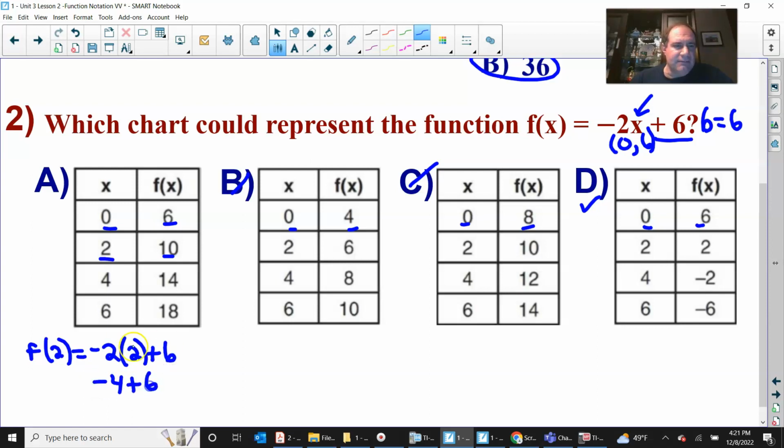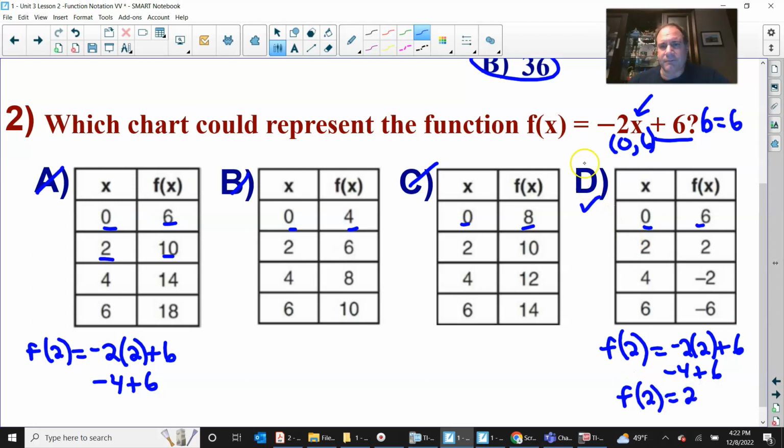That is not 10. That's out. I just want to try this one. Oh, by the way, that's the same thing. All right, so f of 2 equals -2 times 2 plus 6. That's -4 plus 6. F of 2 is 2. This one works. D is your answer.